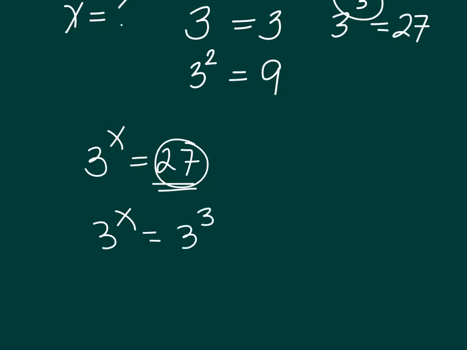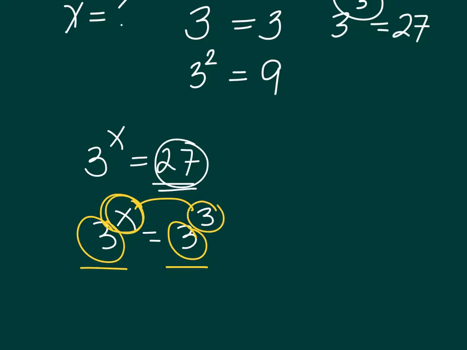Rewriting 27 into 3 raised to 3 makes us recognize that if this is 3 and this is 3, then there's no other way for these two to be the same aside from x being equal to 3. And that exactly is the answer to this equation. x must be equal to 3.